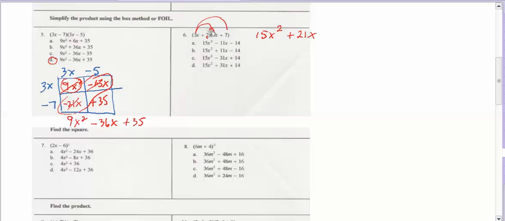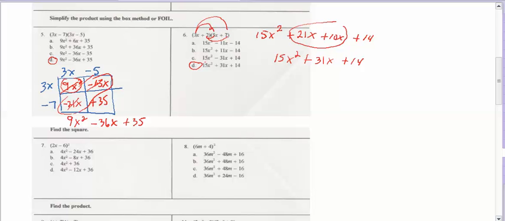Then I'm going to multiply 2 and 5, which is positive 10x, and then I'm going to multiply 2 and the 7, which is 14. The x's go together. I have a positive 31x, I have a positive 14, and I have a 15x squared. So 15x squared plus 31x plus 14, and I found it as letter D.